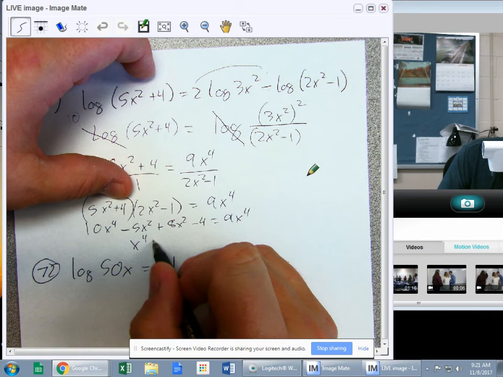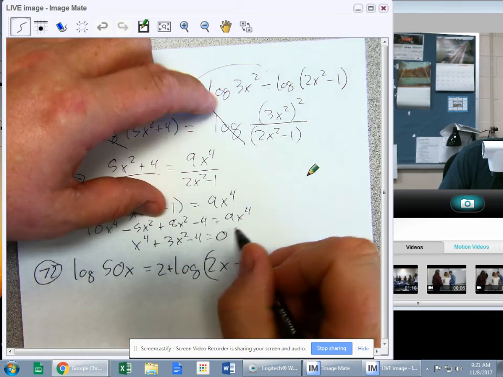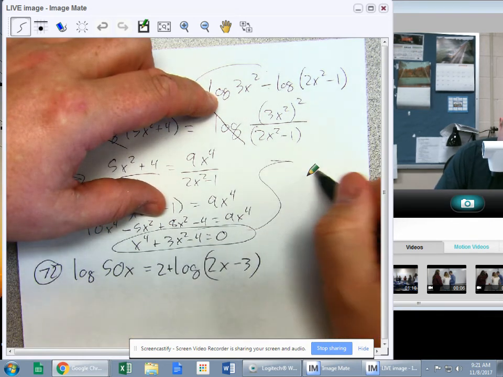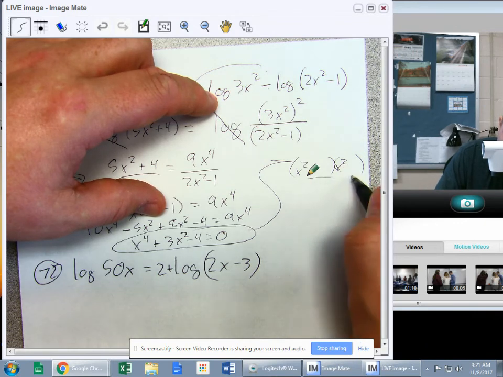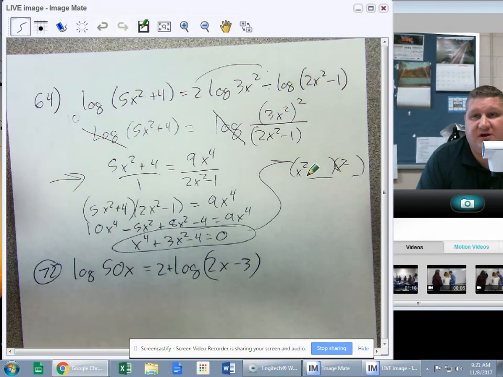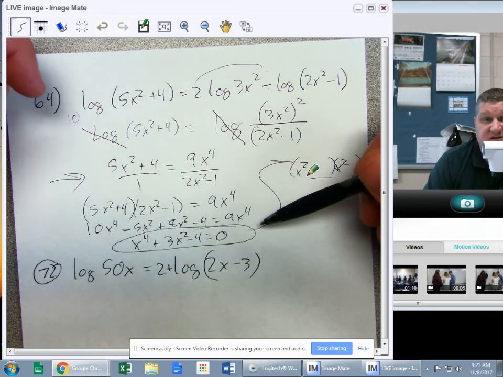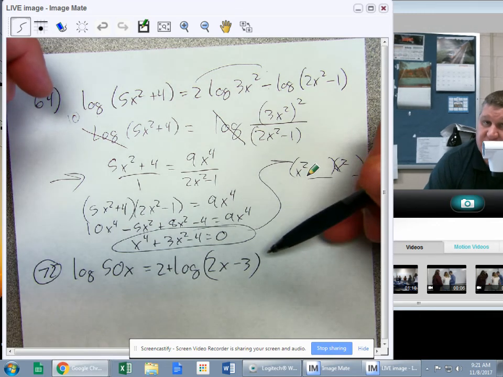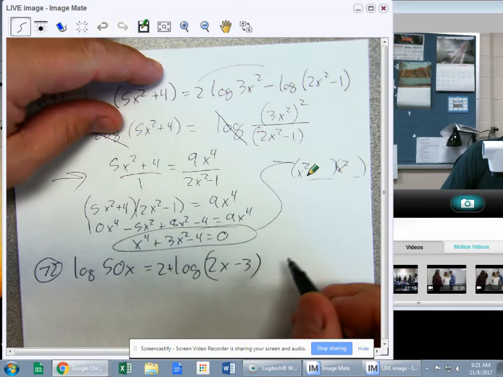X to the 4th plus 3x squared minus 4 equals 0. Factor, factor, ladies and gentlemen. X squared, and solve it. Again, Algebra 1, Algebra 2, you are pre-calculus students. You are expected to do this. If you have trouble doing this, come see me. Let's work it through. But there is no unreasonable expectation here.